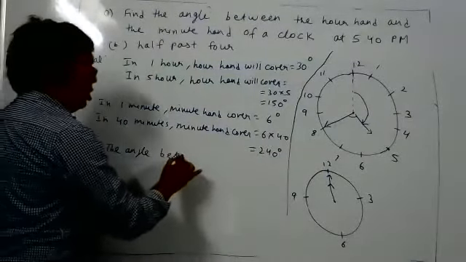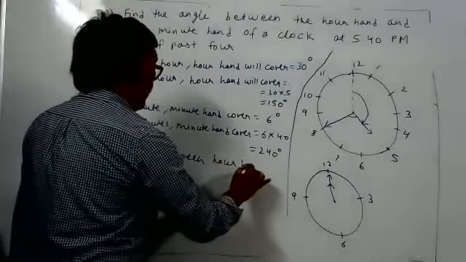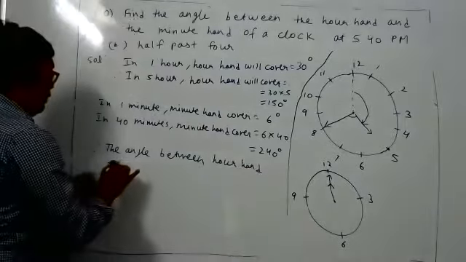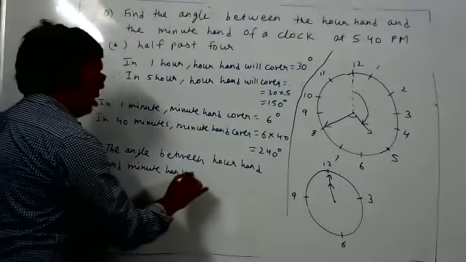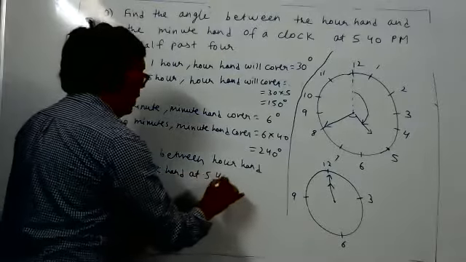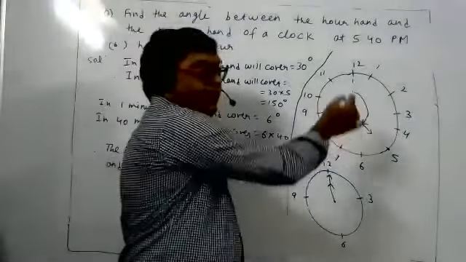Now therefore, the angle between the hour hand and minute hand at 5:40 p.m. is... Students, see here carefully. See my hand.